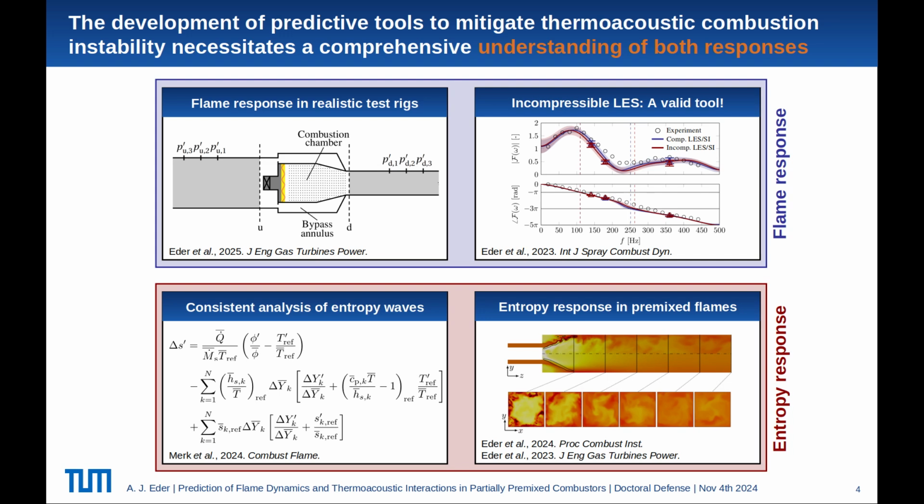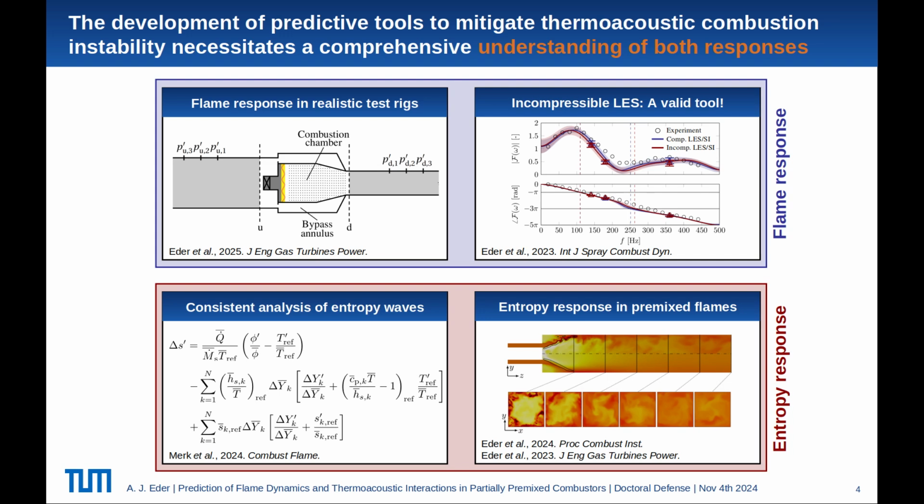On the top right, in a numerical study, we demonstrated that acoustic wave propagation in a CFD simulation is not relevant for the identification of flame dynamics, and therewith confirmed that incompressible CFD is a valid tool for such kind of investigations. On the entropy side, on the bottom left, we investigated the generation of entropy waves in detail and isolated the source terms of entropy perturbations using an arbitrary Lagrangian Eulerian framework.